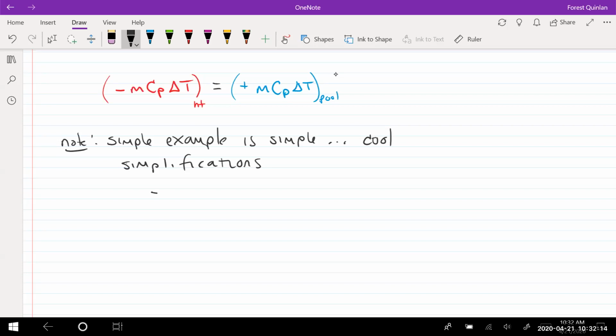Now, the first simplification we can note is the CP for the hot tub is the same as the CP for the pool, right? We're looking at the heat capacity. We're looking at how much energy it takes to raise 1 gram by 1 degree Celsius. That's what those units mean.